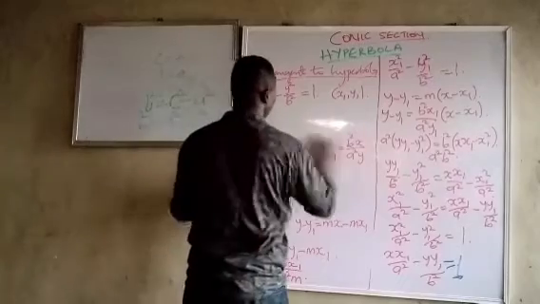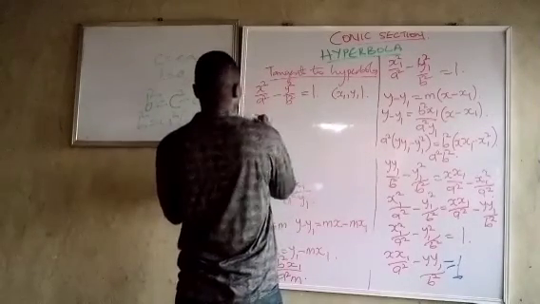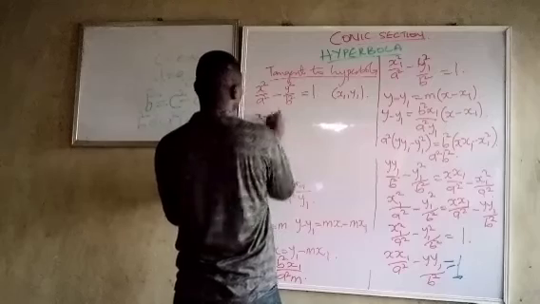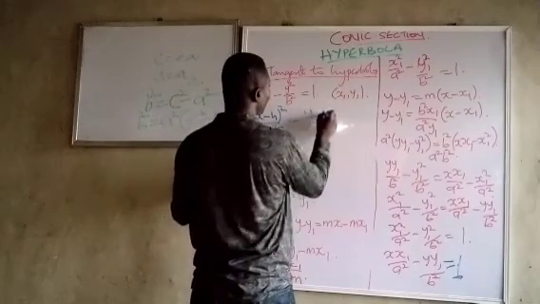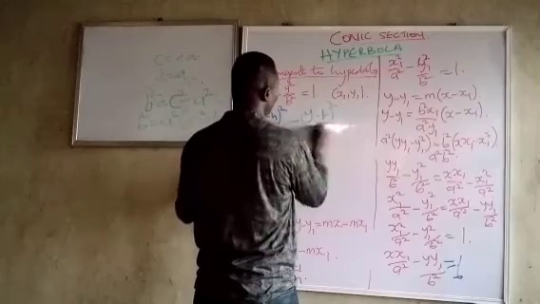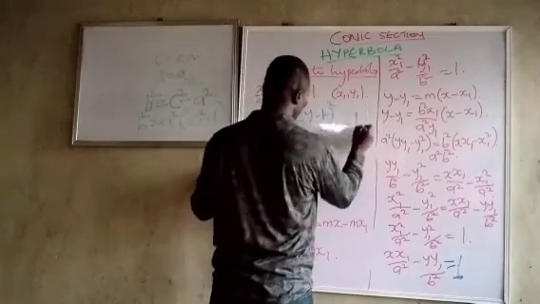Now, if the center moves to (h, k), our equation becomes (x minus h) squared over a squared minus (y minus k) squared over b squared equals 1.